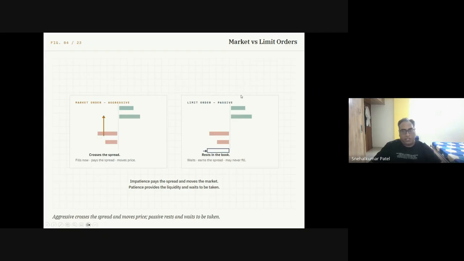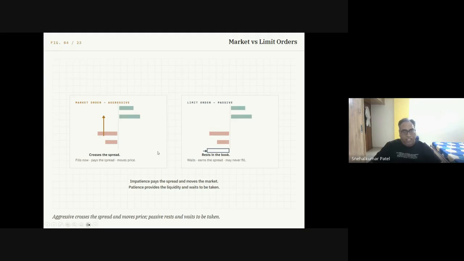Their limit order quantities we see on the bid side. We see the buy quantity. Someone wants to buy at that particular price, those many quantities. On the ask side, what we see is the number of sellers that are there.